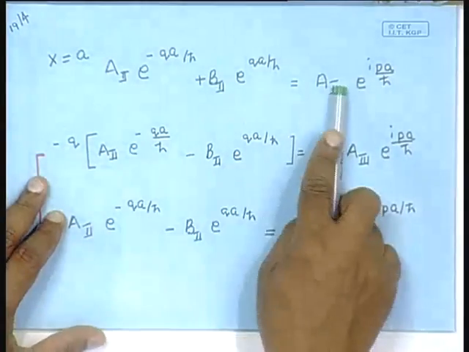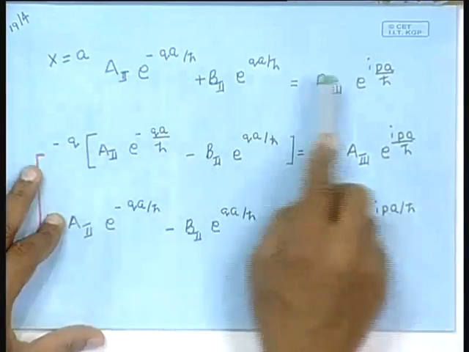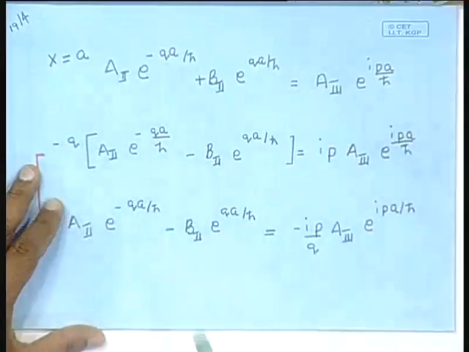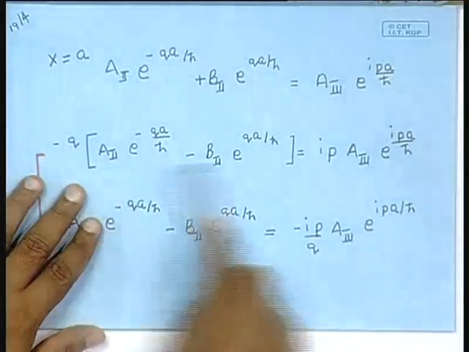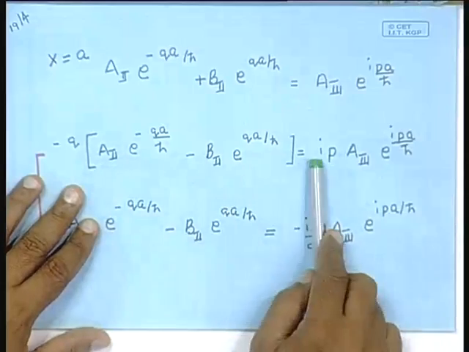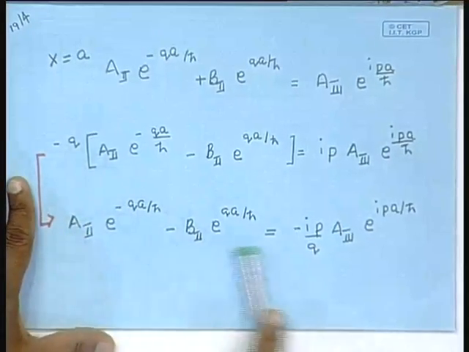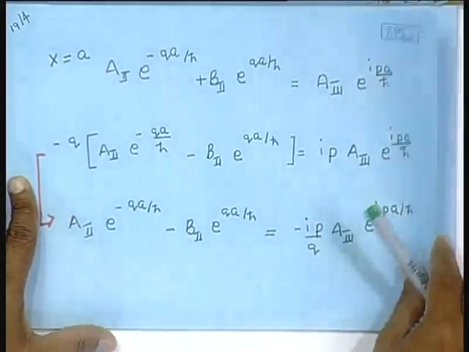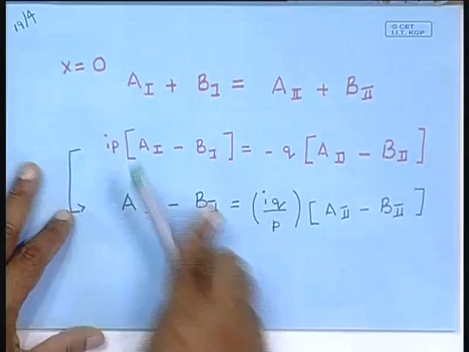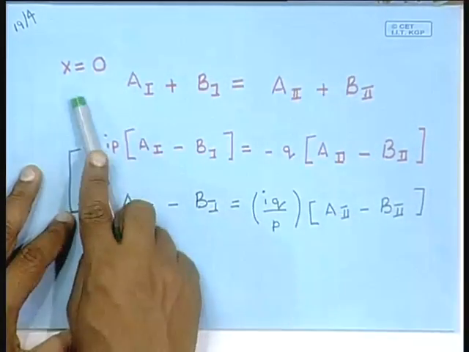So, this is the first relation which arises from the requirement that the wave function should be continuous. This is the second relation which arises from the requirement that the derivative of the wave function should be continuous, which we have simplified and written in... sorry, this is not the right thing. The boundary x equal to 0, yeah, these are the conditions at the boundary x equal to 0.